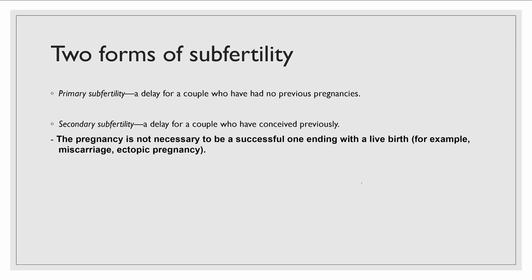And then there are 2 other sub-classifications of subfertility. We have primary subfertile people and secondary subfertile people. Those who are primary subfertile are the ones who have had no previous pregnancy. The secondary subfertile people have been pregnant. It doesn't have to be a live, normal baby birth. It may have been a miscarriage, ectopic pregnancy, or even a molar pregnancy.